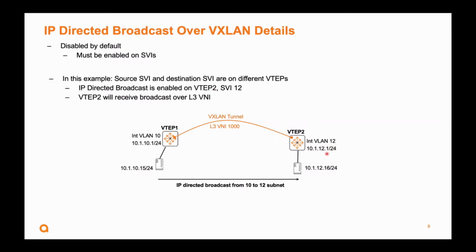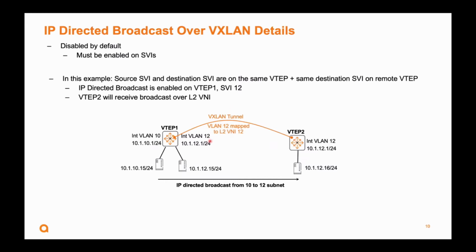You enable it here so that this subnet can receive it. There's no need to enable it on VLAN 10. It's always the destination SVI that is configured with IP-directed broadcast. You can see they're actually communicating via the L3 VNI because it's different subnets. So this broadcast will be received over the layer 3 VNI from the 10 subnet.